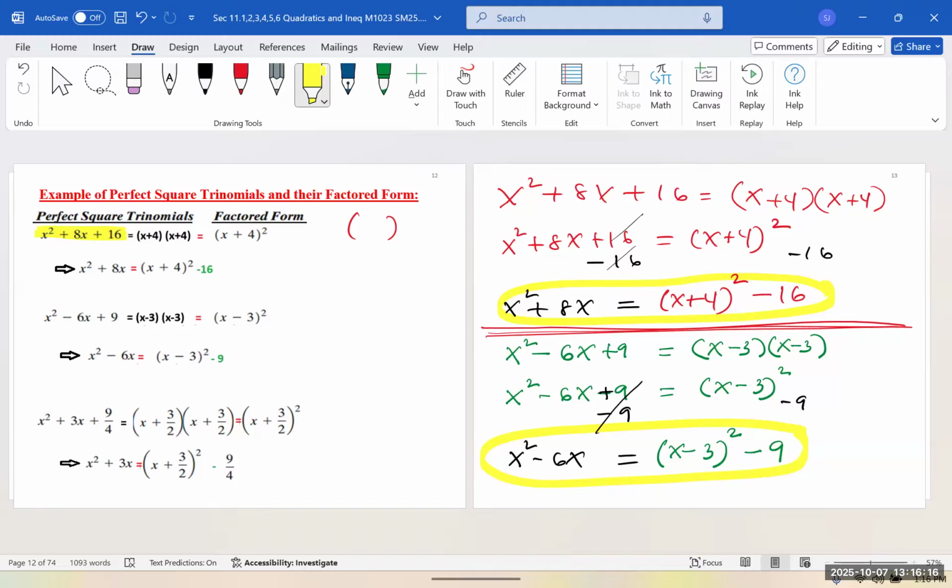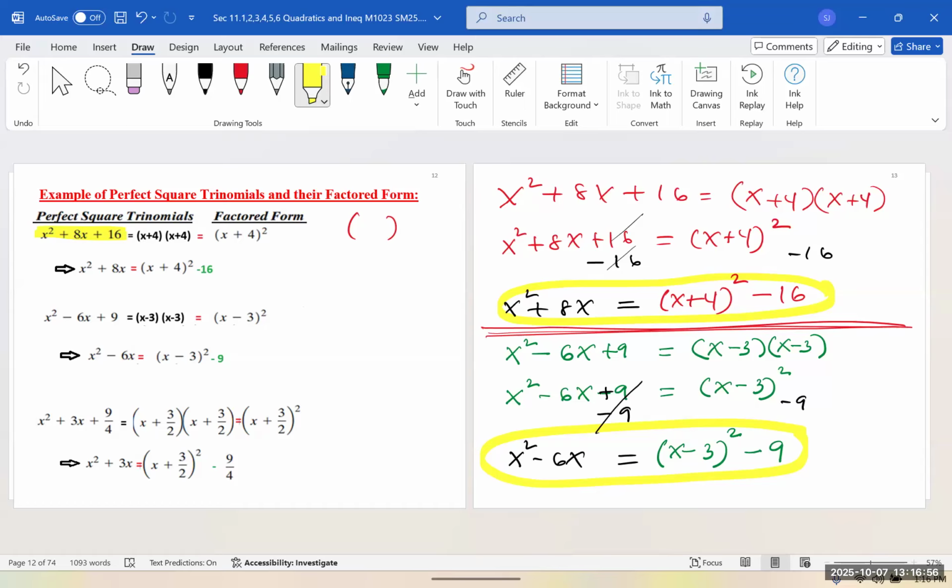Now if you compare left to right, what do you observe in both scenarios? Look at the left and look at the right. Do you see any pattern, any connection, any relation? We can factor, but we don't want to factor. 4 times 4 is 16, so whatever we have, that square is outside.